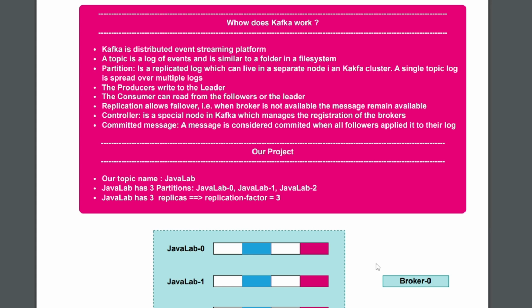So what is Kafka? Kafka is a distributed event streaming platform, which, as I told in the first video, how to install Kafka on Windows. Kafka provides the ability to store messages in a durable way, or you can configure how long the message should be stored in Kafka.